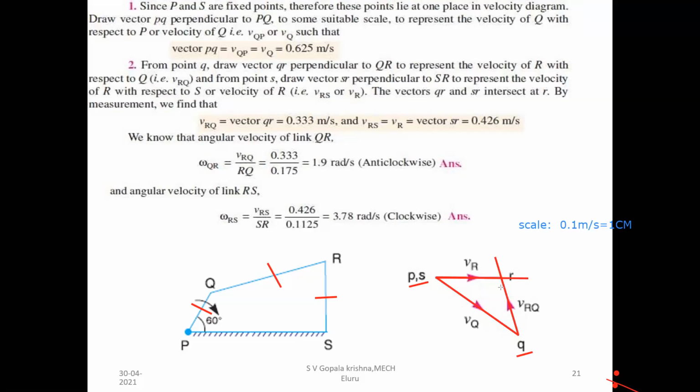Where the intersection of QR and RS is, that is where R is identified here. So this is the velocity vector diagram.